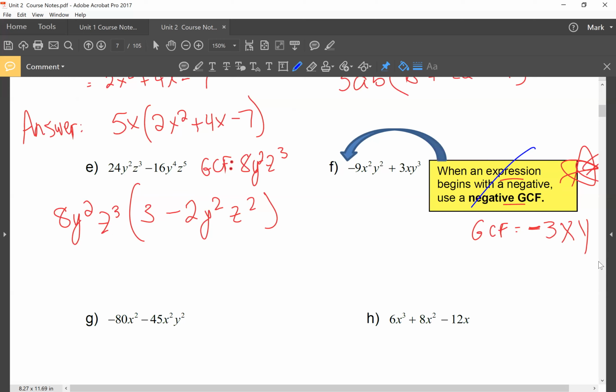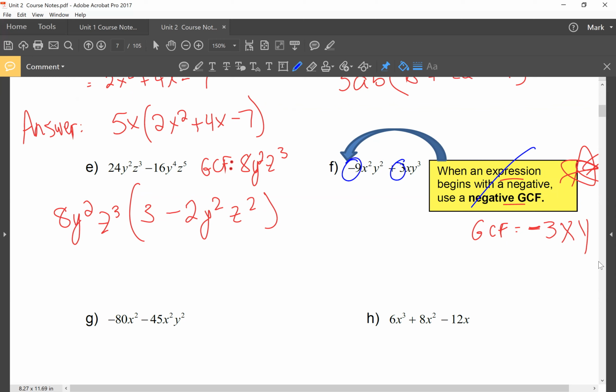It says when an expression begins with a negative, use a negative GCF. My heart says that's not true, but if it is true, the GCF here, it just hurts me to say this, I'm going to take away a -3.